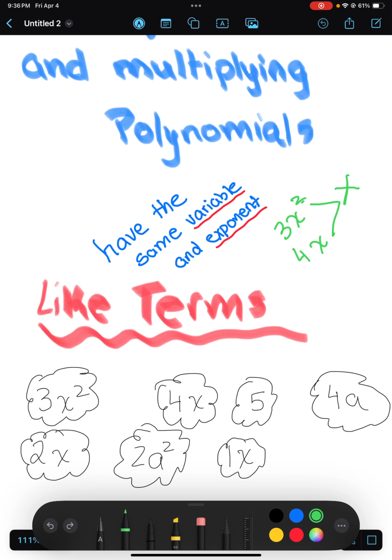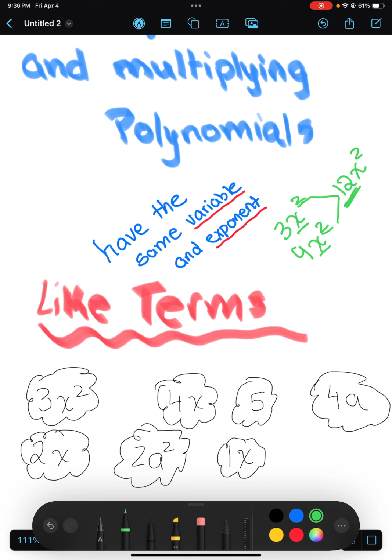Now, if you had 3x squared and you had somewhere floating around 9x squared, that could be combined. Remember, your variable is the same. Your exponent is the same. So let's see. What's 9 plus 3? That's 12. So my answer would be 12x squared, okay?